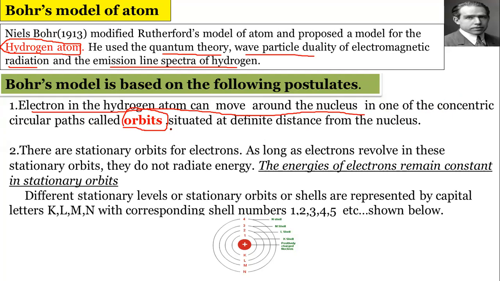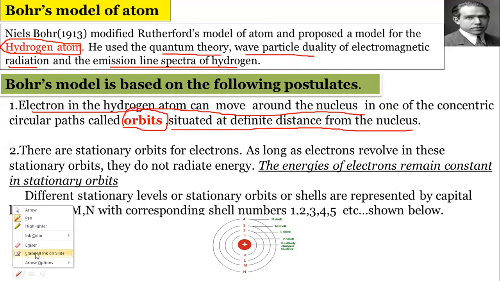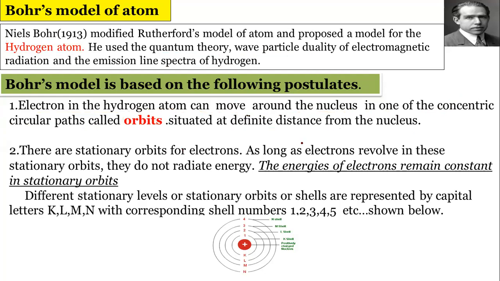These paths are situated at a definite distance from the nucleus. So he also gave information about where the concentric paths are. The position of a concentric path is fixed, and these circular paths are called orbits.